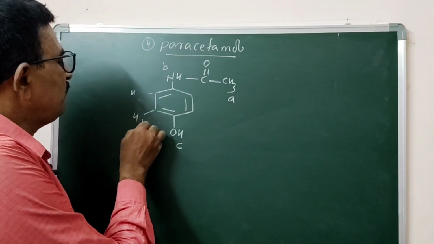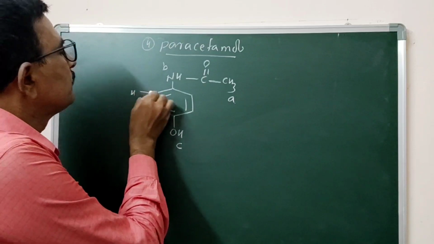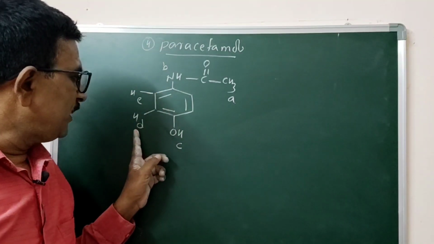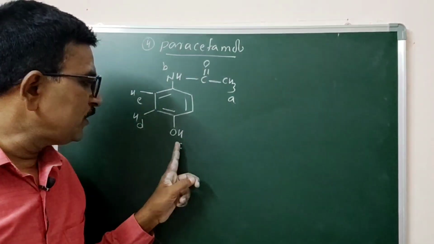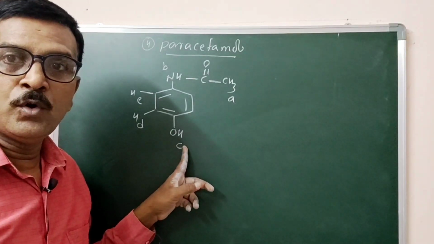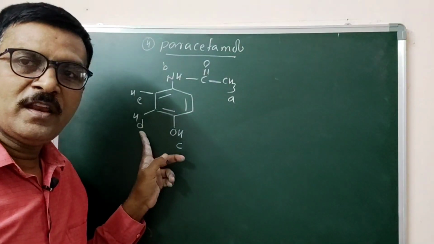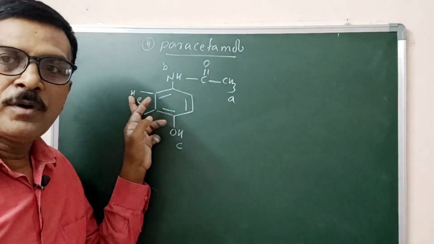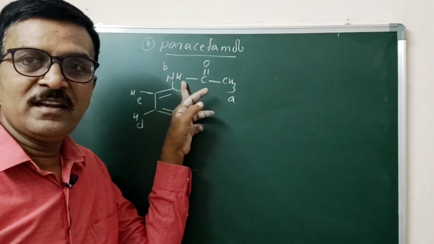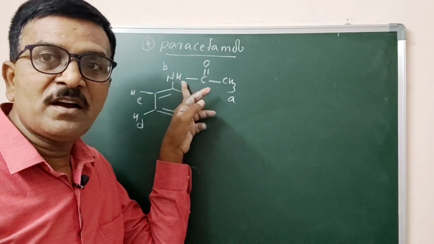Now this is D, this is E. This is the proton ortho with respect to electron-releasing OH, therefore D. This is the proton ortho with respect to the acetanilide group, which is electron withdrawing.